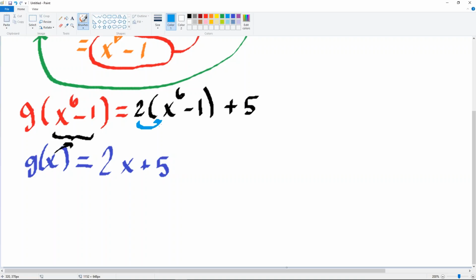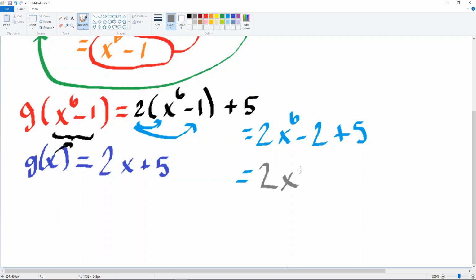So if I clean this up, I get 2x to the 6th minus 2 plus 5, or I get what? 2x to the 6th plus 3.